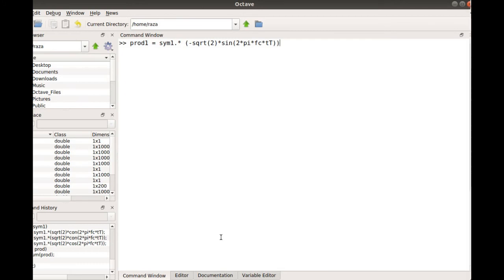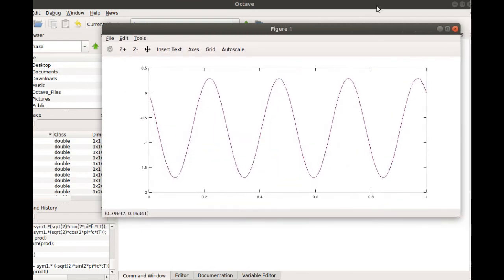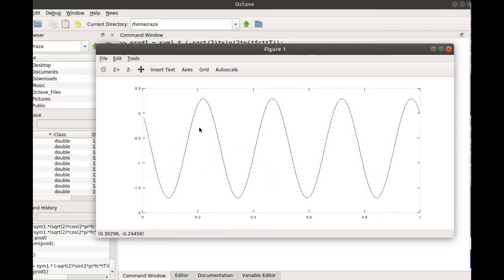So this is the second product, and let's see how the output looks. You can see when we multiply it with the sine carrier, the same r of t gives us this signal, and it's a very small area. If we integrate, a small area is positive, mostly the area is negative, so overall we will get a number which would be negative.